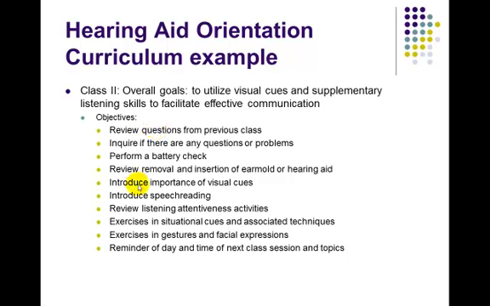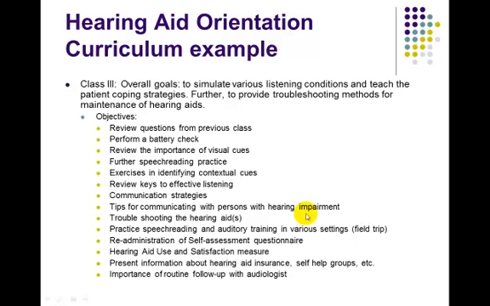So here we can see, if I look down the objectives, introduce importance of visual cues, introduce speech reading, review listening attentiveness activities. Okay, here's an example of a class 3, and I posted these for you so you can look through these and pull some of the things that particularly interest you to implement in the 4 sessions that you're going to put together.